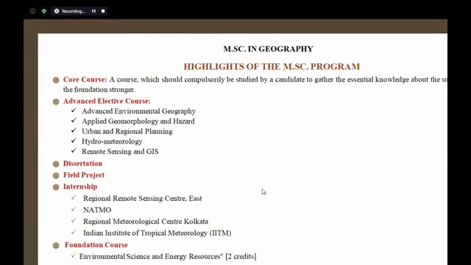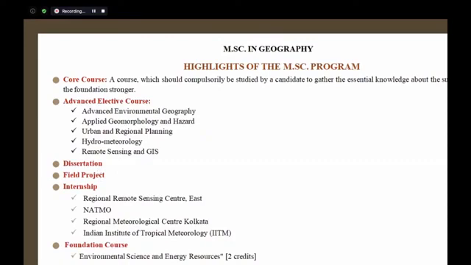These are the highlights of the master's programs, and these are the special papers we offer presently in the master's degree program: environmental geography, geomorphology, urban and regional planning, hydrometeorology, and remote sensing and GIS, of course. And the dissertation is a big part of the master's degree program.